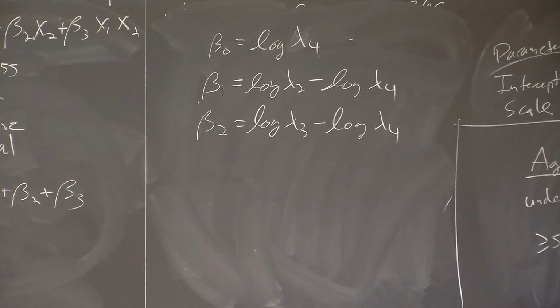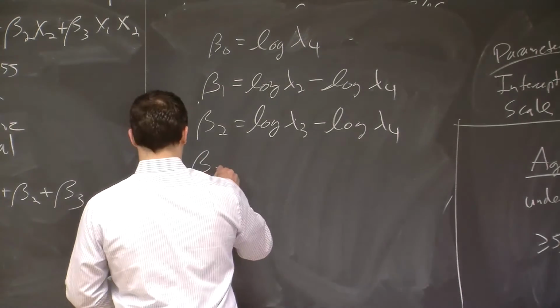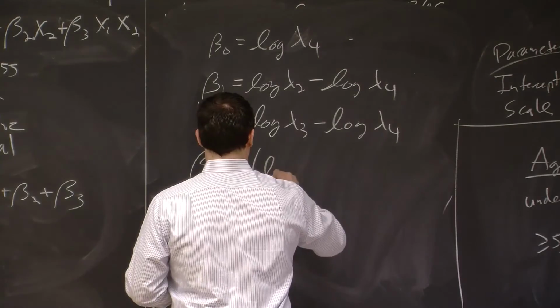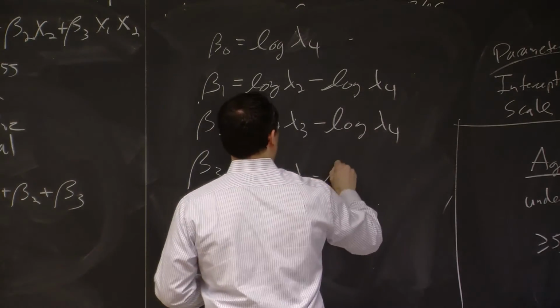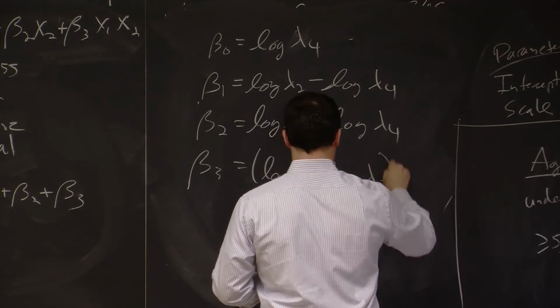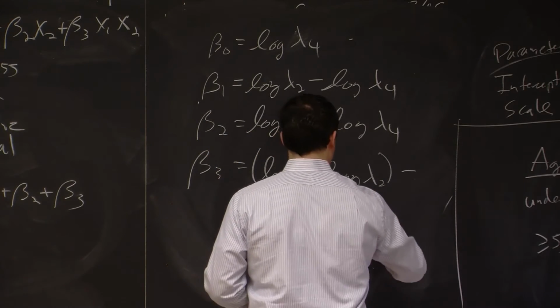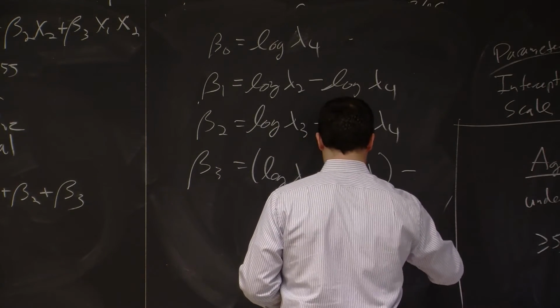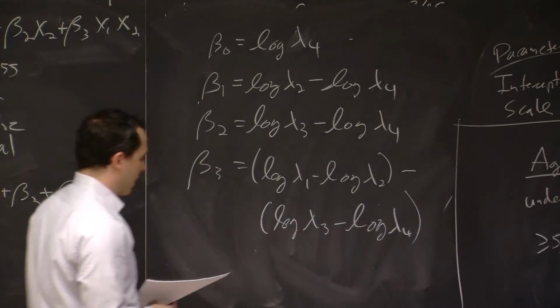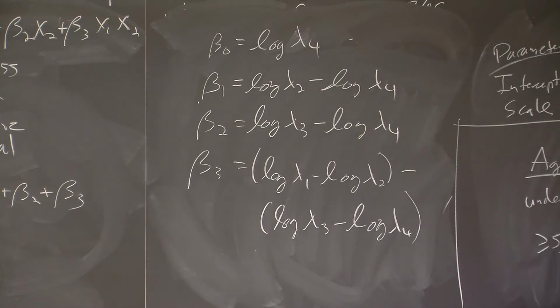And then we have an interaction term, which is the effect of type when age is under 55 minus the effect of type when age is over 55.